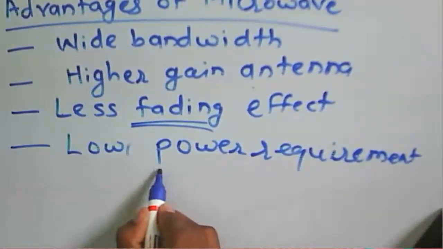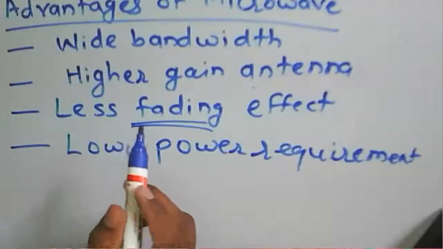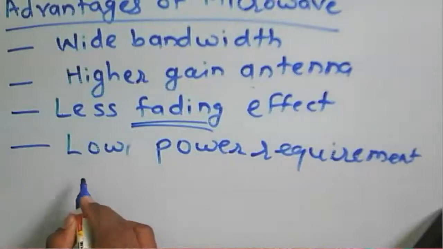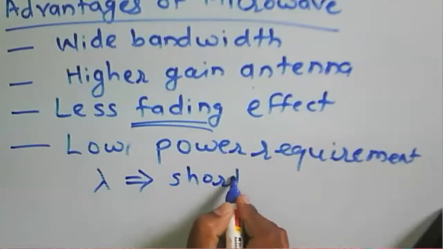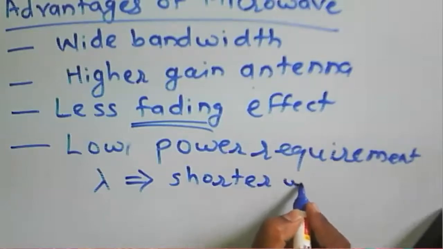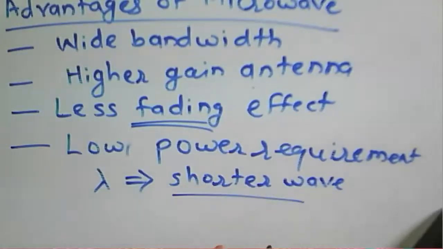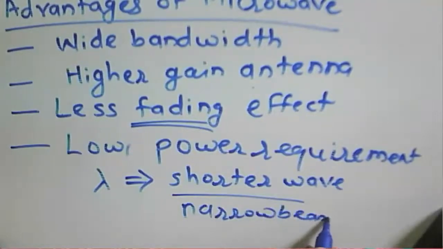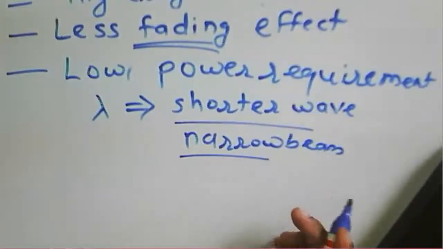Why low power requirement? Earlier we said that it has a shorter wavelength, lambda is shorter, a short wave. Because of the shorter wave, we are getting a narrow beam.